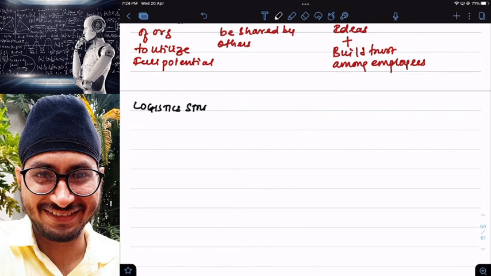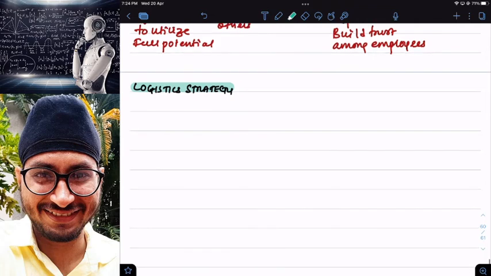Logistics strategy. Clear? Sir, what do we mean by logistics? Logistics is nothing but flow of goods from source to destination.